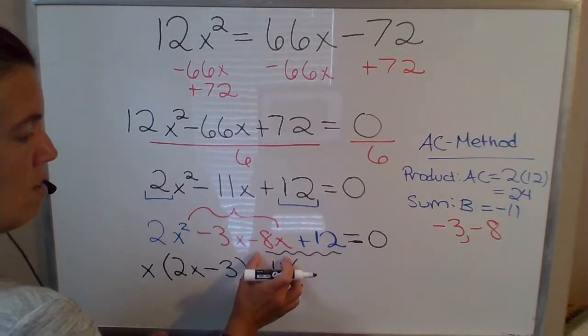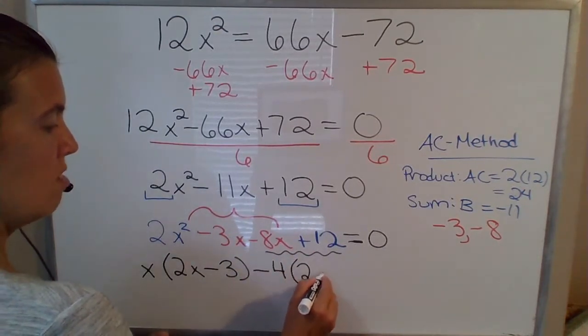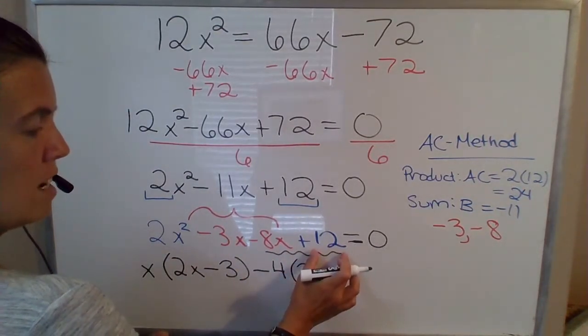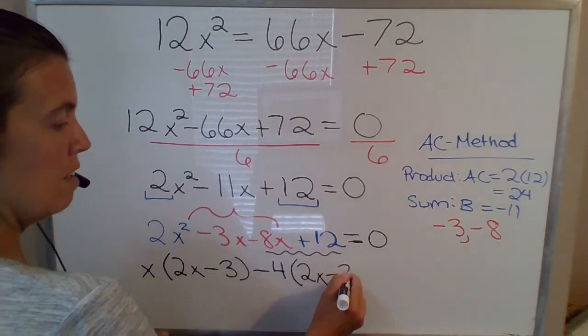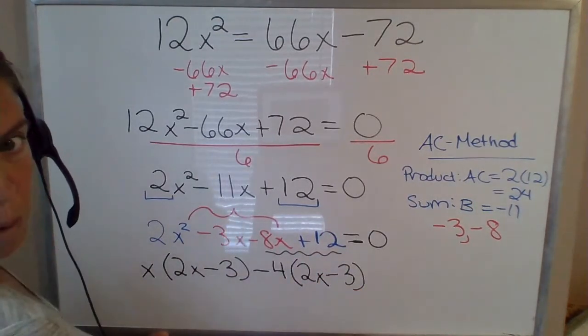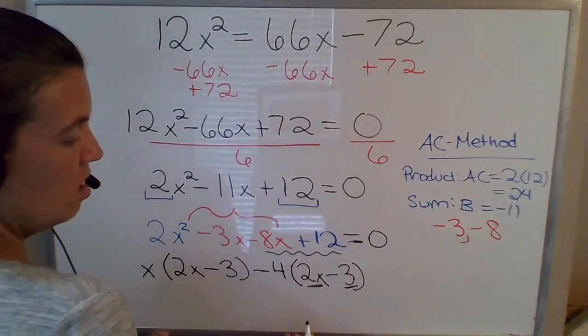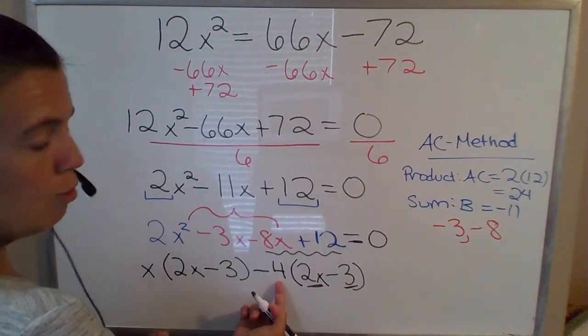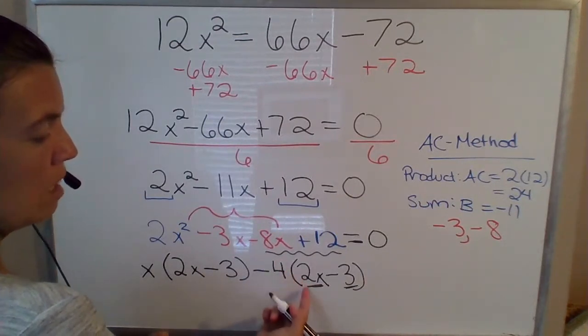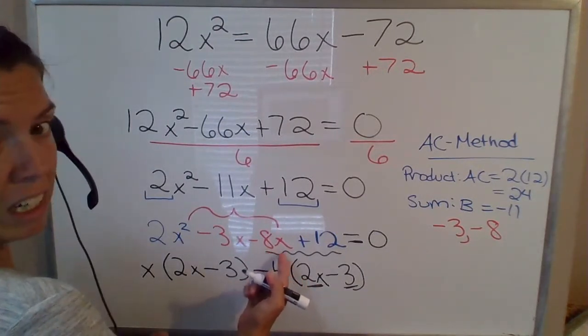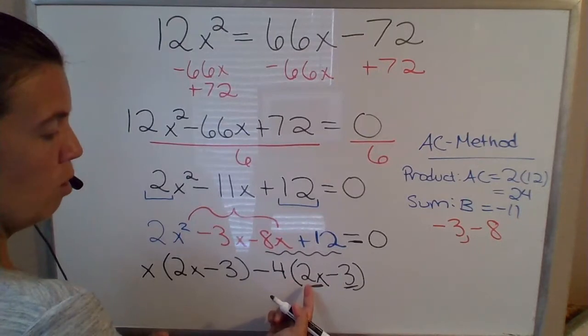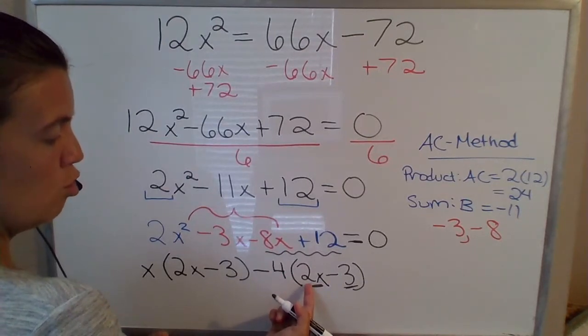So if I factor out negative 4, I'm left with 2x here. If I factor out negative 4 from the 12, I'm left with negative 3. Keep in mind that when I'm filling in these spaces here, if I'm factoring out negative 4, you can think of it as dividing by negative 4 to see what's left. So negative 8x, if I divide by negative 4, leaves me with positive 2x.